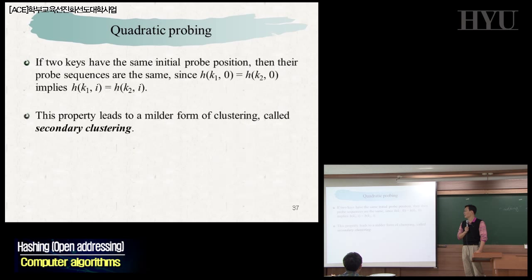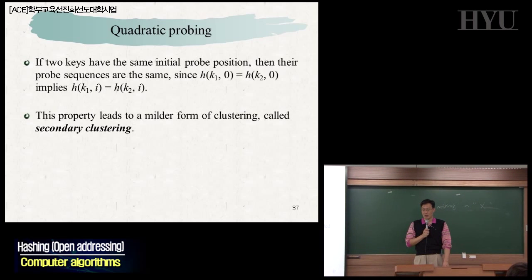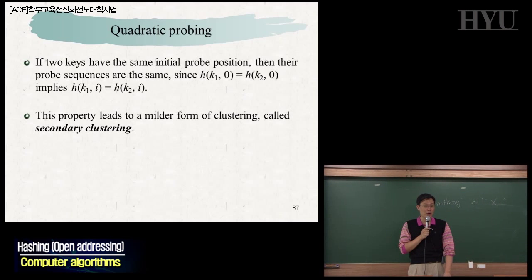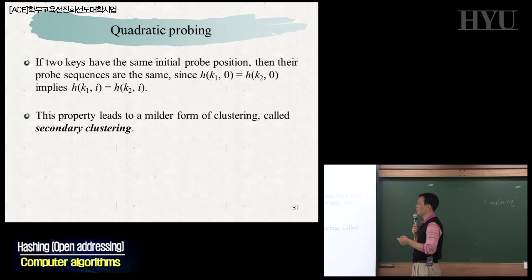Okay. So quadratic probing resolves the primary clustering problem. It's better, but it still has a problem called secondary clustering.